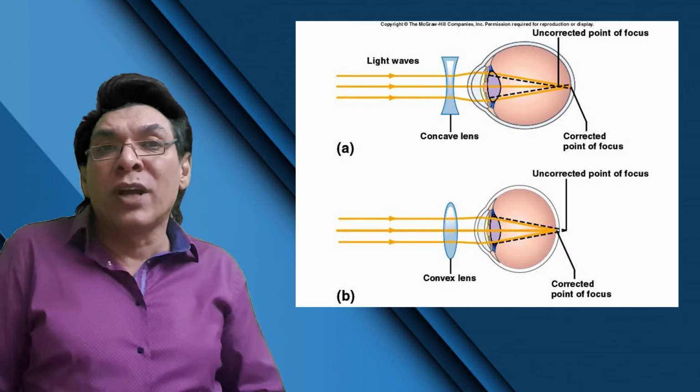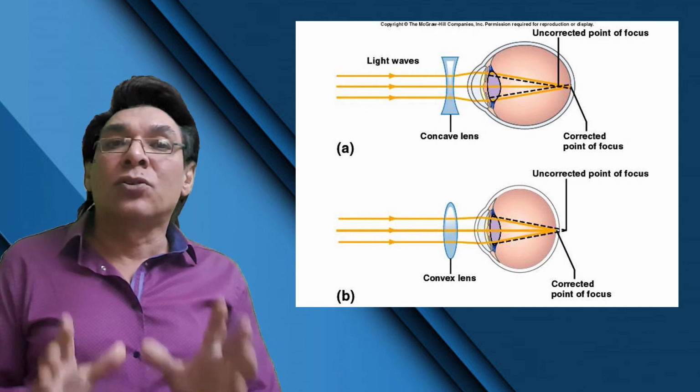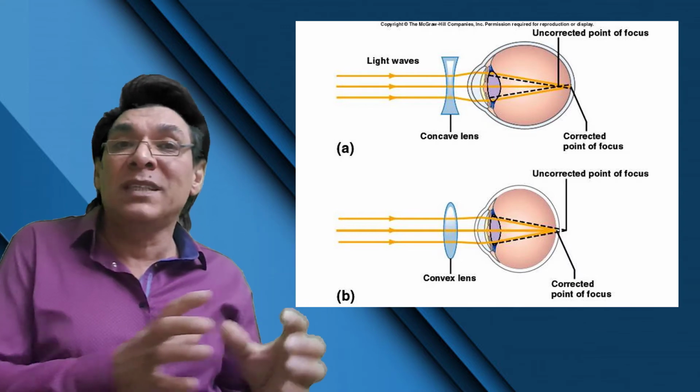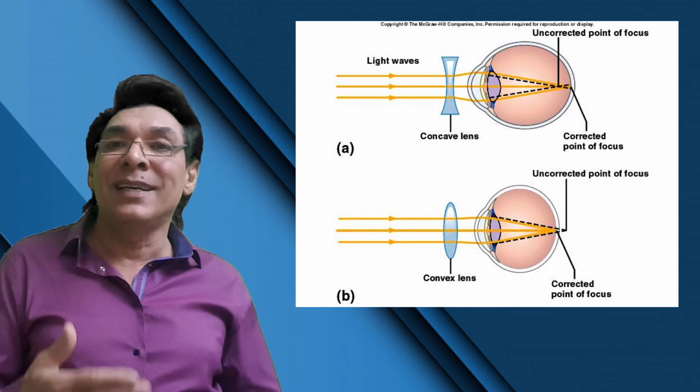How does the brain interpret what we see? Light must reach photoreceptors in the retina and be transformed into electrical neural signals in the CNS.